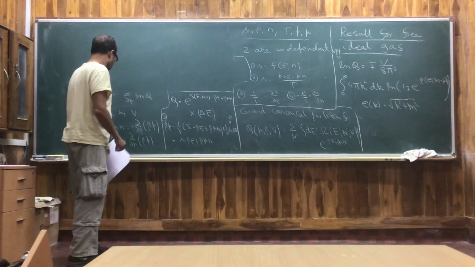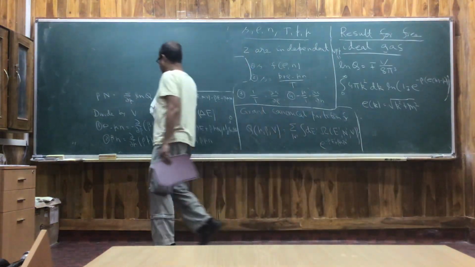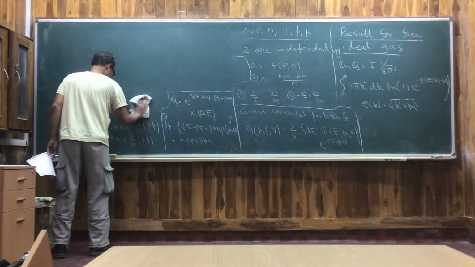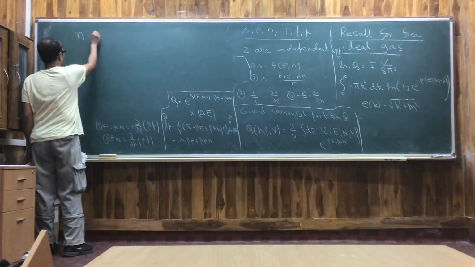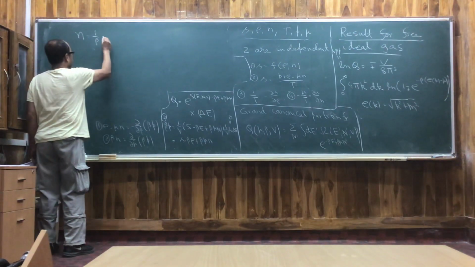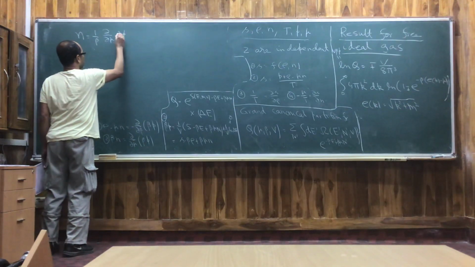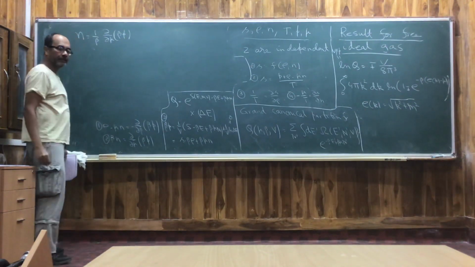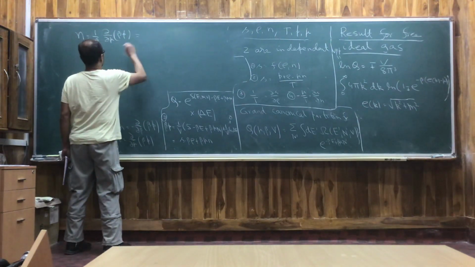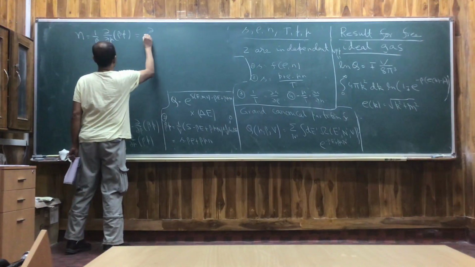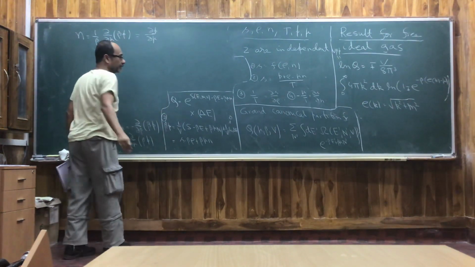So now with this, you can write down the expressions that are given here. So n is 1 over beta del mu of beta p. And mu and beta are independent variables, so it's basically del mu of p, and you can calculate that from here.